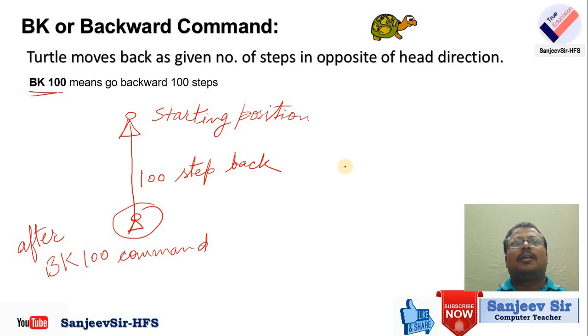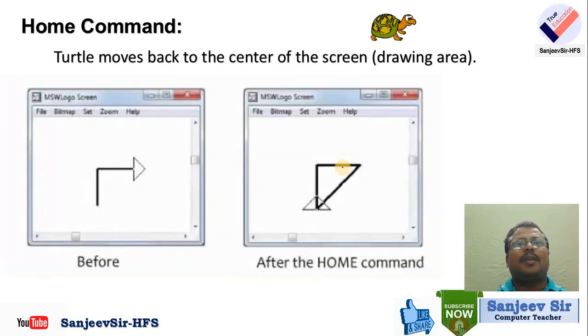Okay. Next, home. So what is the purpose of home? When turtle's starting position is this, and turtle is drawing here, and after that turtle is turning here, and after turning turtle goes here. So turtle has to move in this direction, but here we call the home command. When we write the home command, turtle position is this, but turtle will return to the starting position, the initial position.